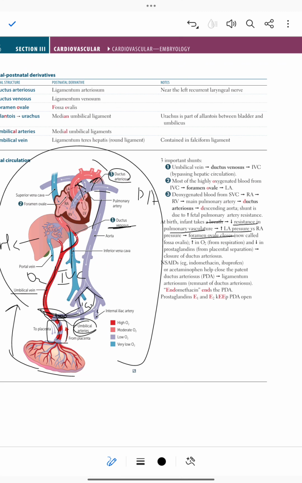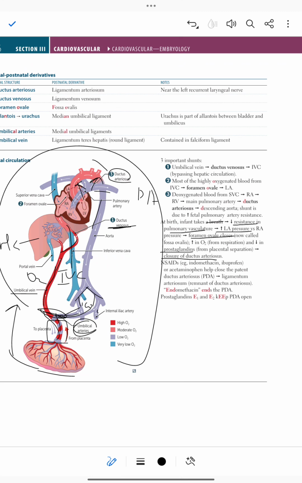Increasing of oxygen content from respiration and decreasing of prostaglandins. Why decreases prostaglandin? Because from placenta secretes prostaglandins. Removing of placenta, no source for secretion of prostaglandins.